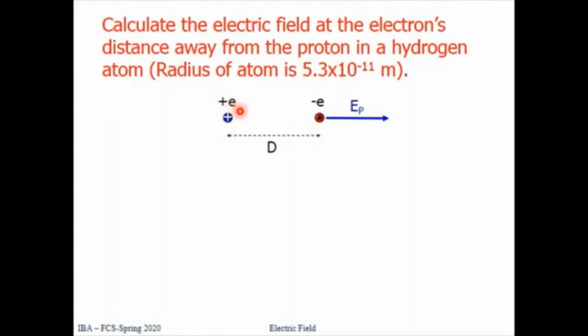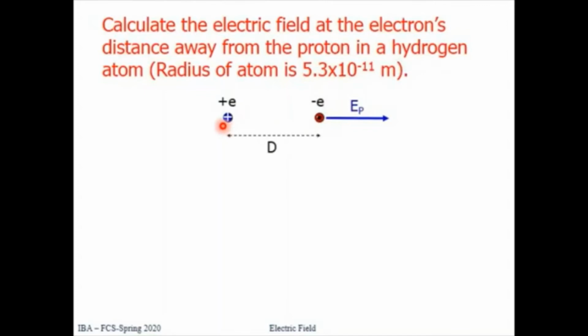In principle, this is the nucleus, and this is the electron, which is revolving around this positive charge. But keep in mind that the radius of the electron's orbit is constant and given here.